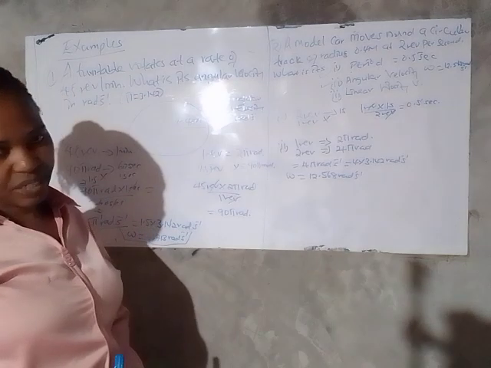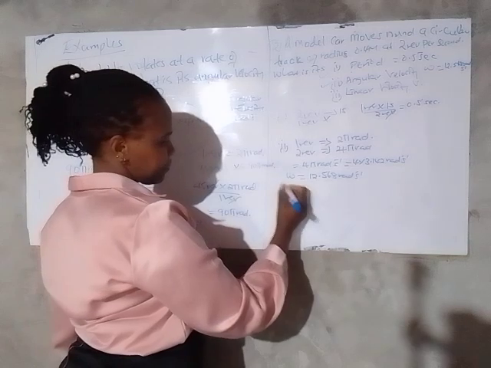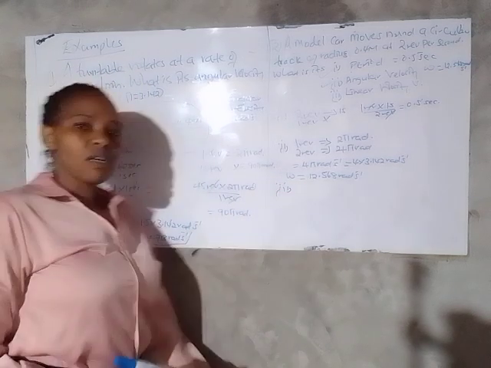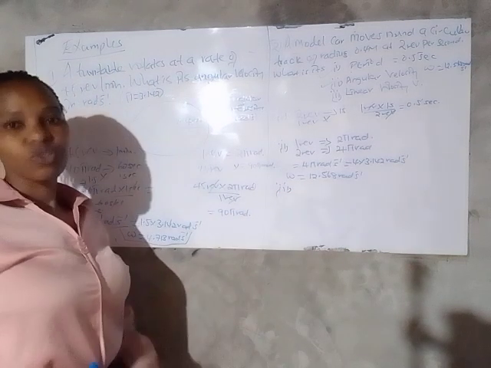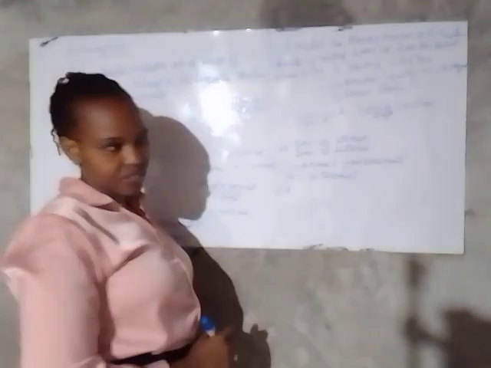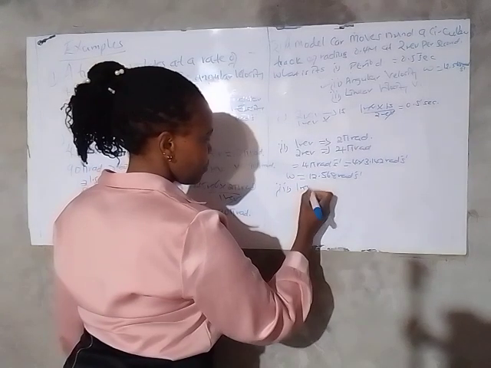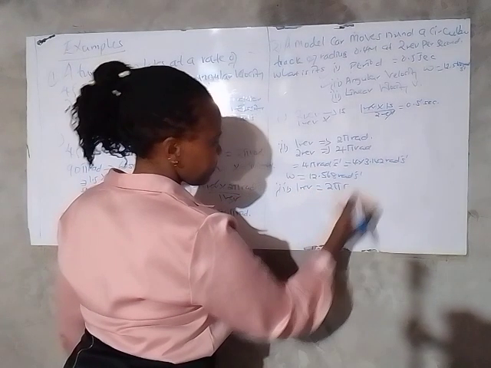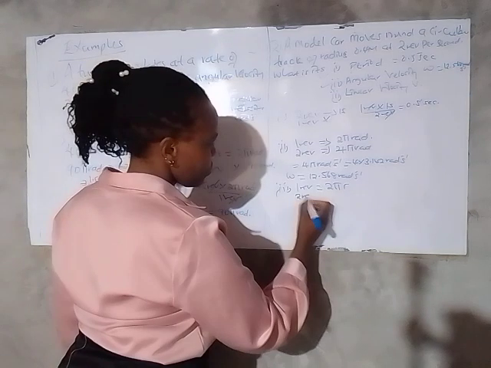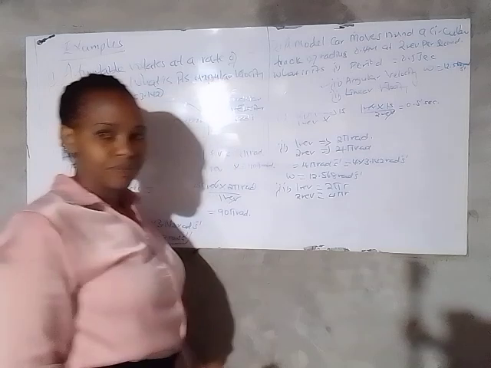Finally, linear velocity. Now, when you talk about linear velocity, one circumference is 2 pi r. One revolution is 2 pi r, that's the circumference. So 2 revolutions will be equal to 4 pi r.